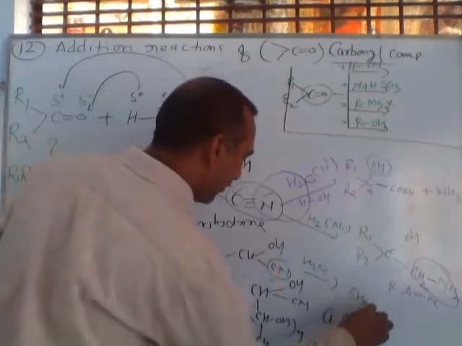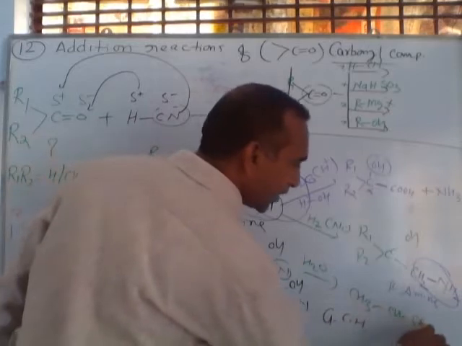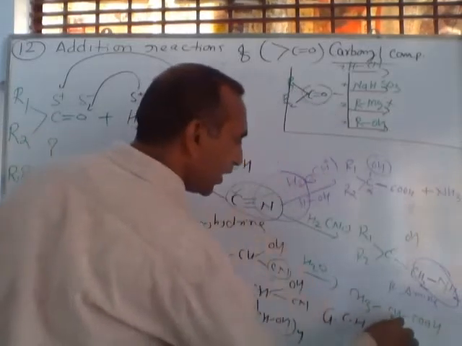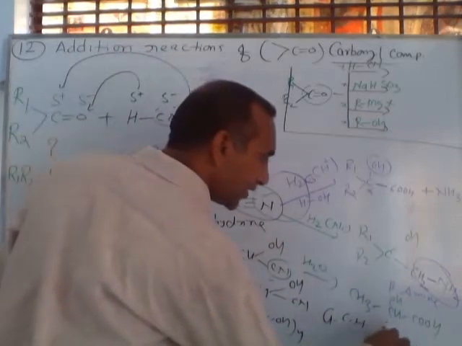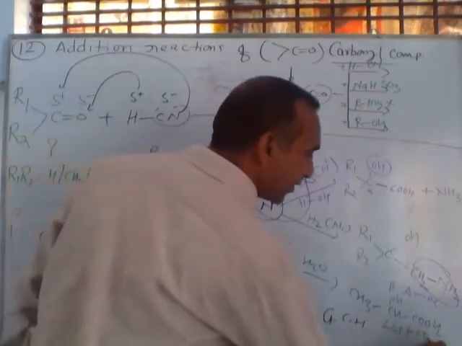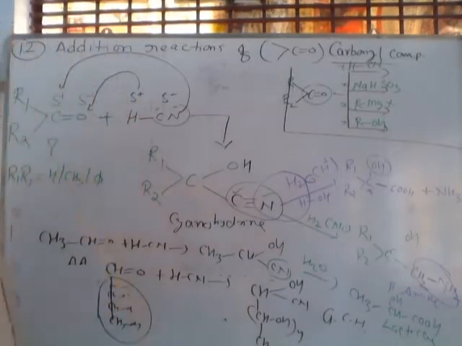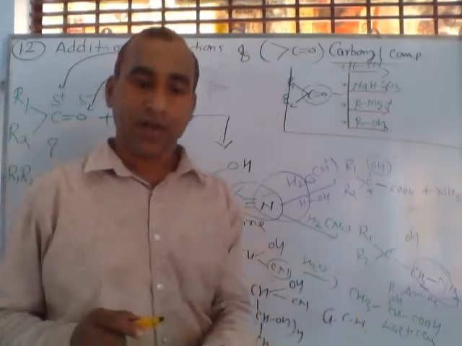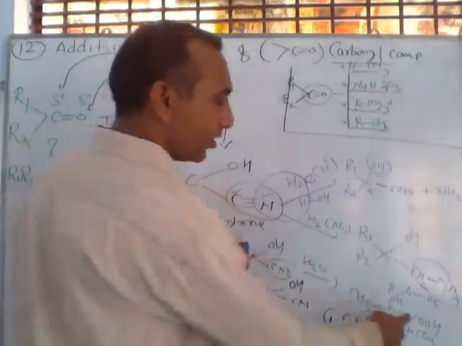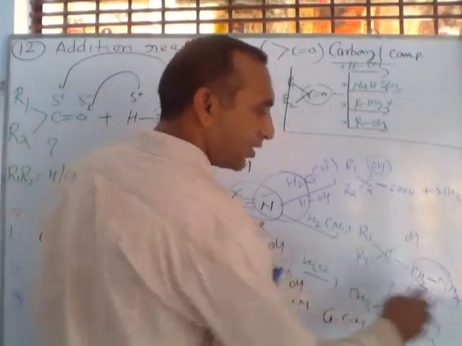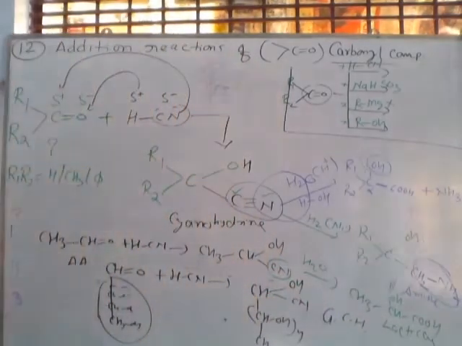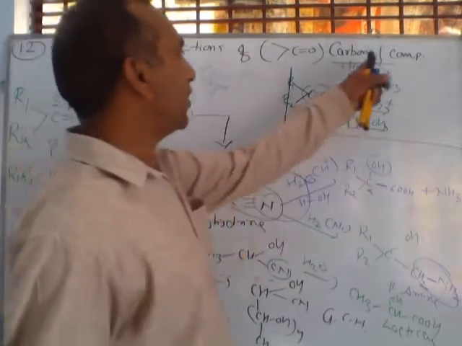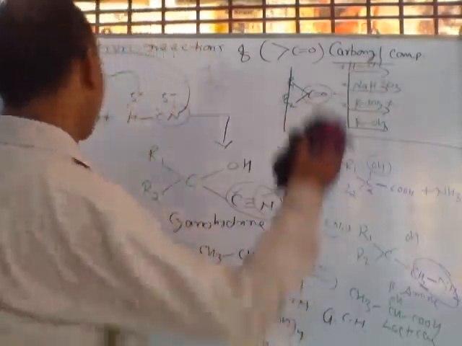So this type of product will form: CH3, CH, COOH, and here the OH group is present. This compound is called lactic acid. So in the exam they can ask to convert acetaldehyde to lactic acid. Lactic acid means 2-hydroxypropanoic acid, isn't it? So this is the first reaction, addition of hydrogen cyanide.